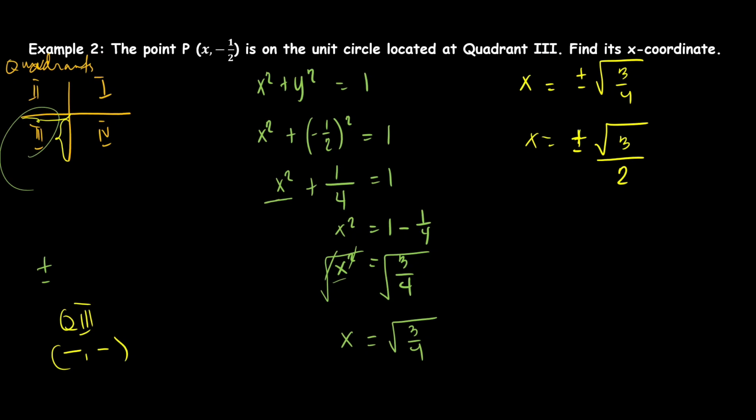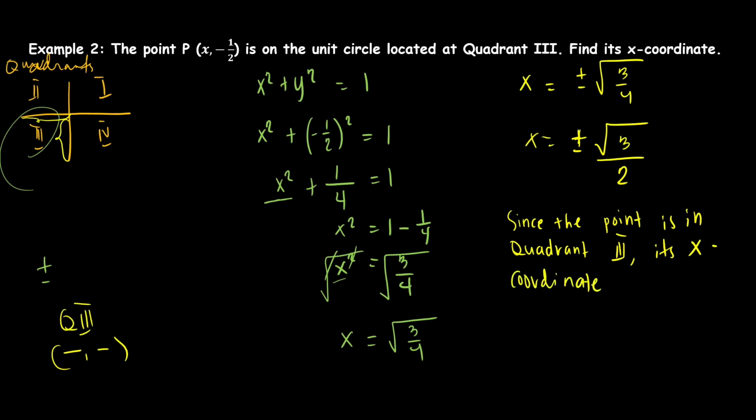Therefore, our final answer: since the point is in quadrant 3, its x-coordinate must be negative.